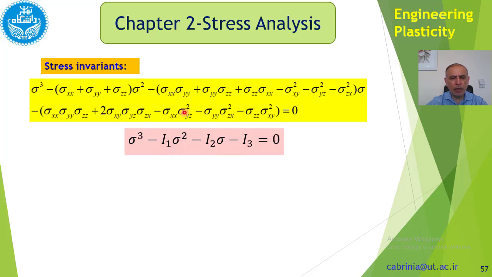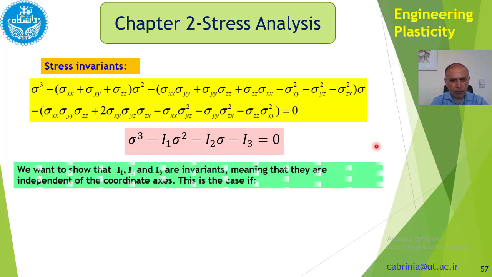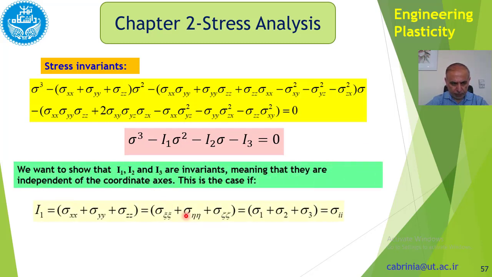They are not varying. They are not varying with what? With the change of axis. We are going to show that I1, I2, I3 are constants as regards the change of axis. Okay. We want to show I1, I2, I3 are invariants, meaning that they are independent of the coordinate axis.